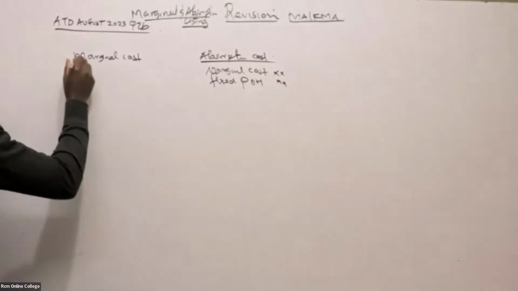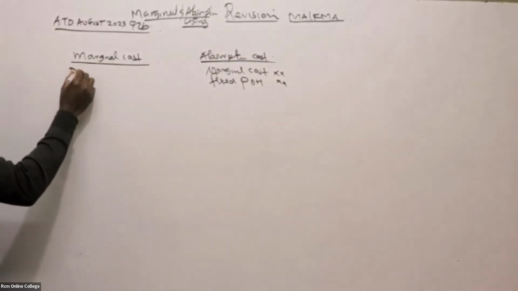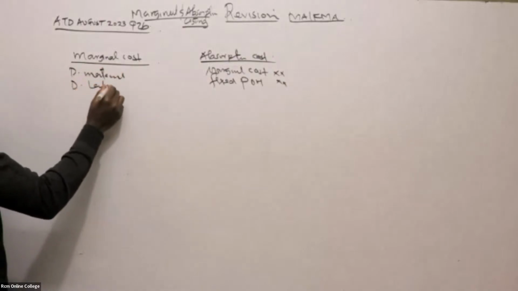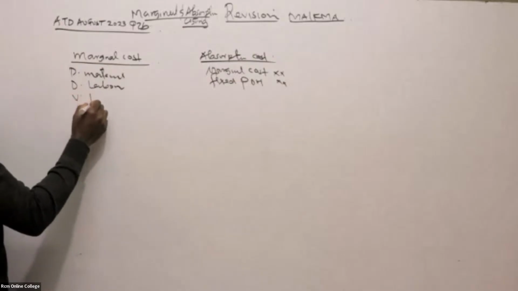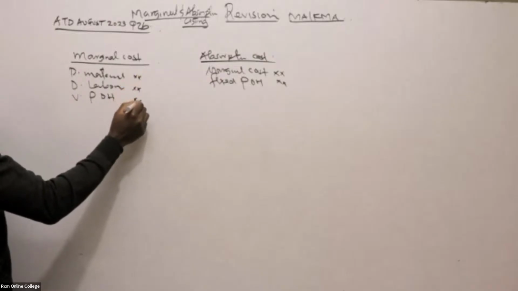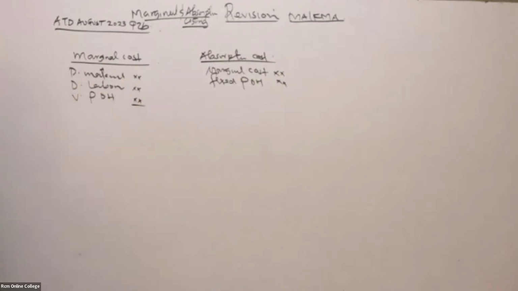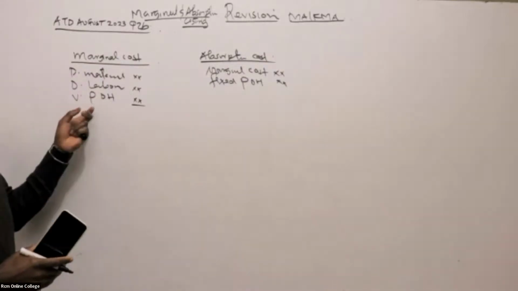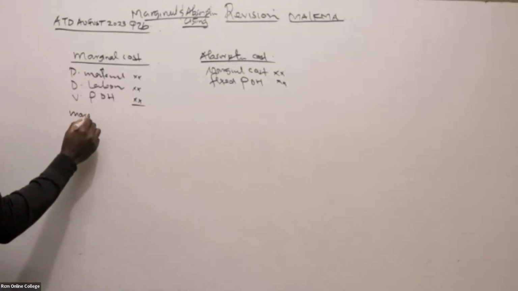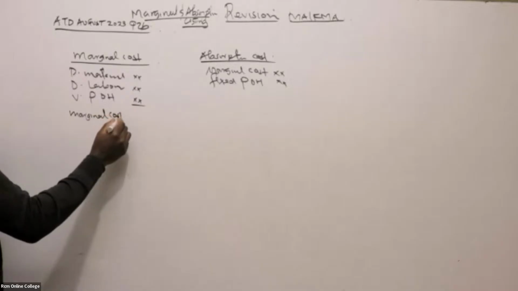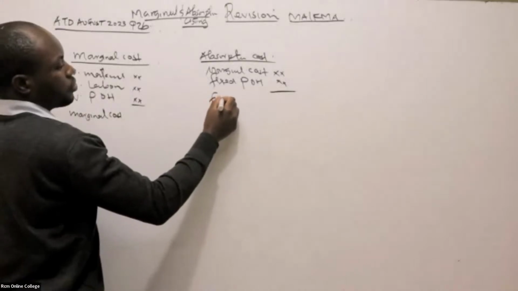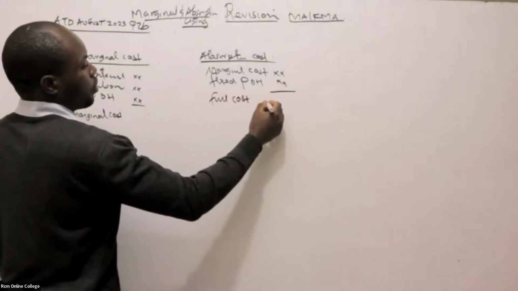But our marginal cost has direct material, direct labor, and variable production overhead, and that's all. When you add the first two, you get what we call prime cost. When you add variable production overhead, you get marginal cost. Of course, when you add the fixed production overhead, you get what we call full production cost.